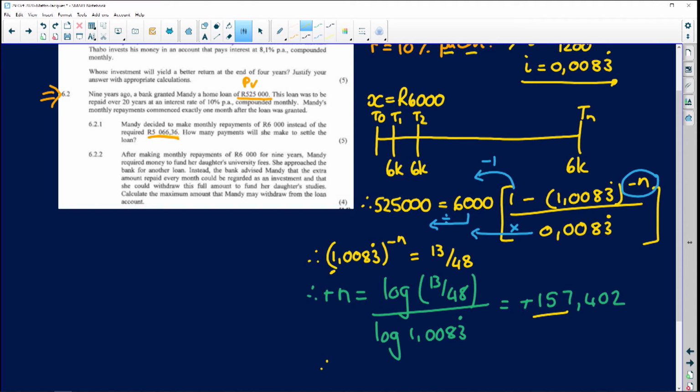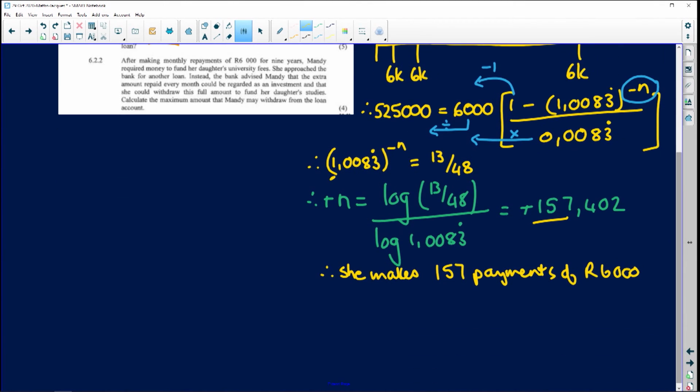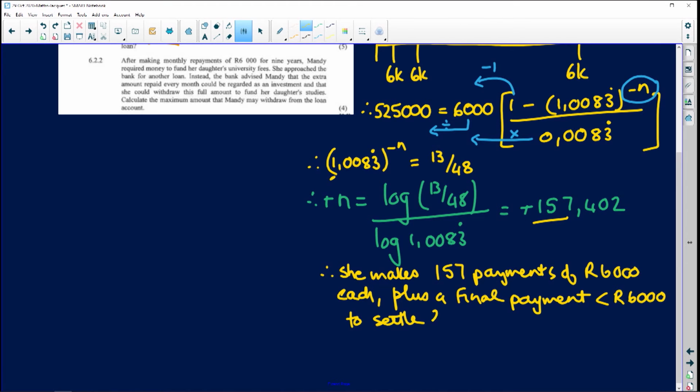You will say, therefore, let's answer it properly, she makes 157 payments of 6,000 Rand each, plus a final payment which is less than 6,000 Rand to settle the loan. So what does that mean? In total, there's 158 payments.